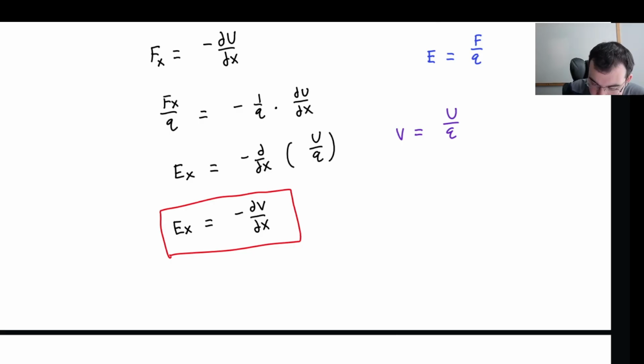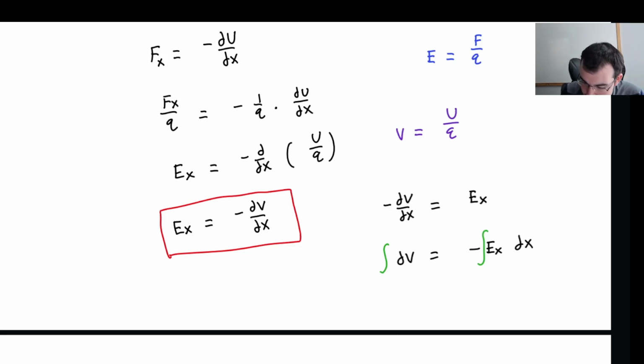So if we start from the fact that negative dV/dx equals Ex, we can multiply both sides by a negative dx to get dV equals negative Ex dx. And now we can integrate both sides to get all of the contributions.